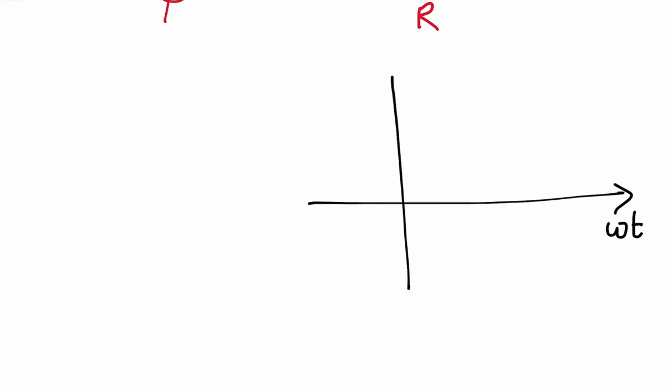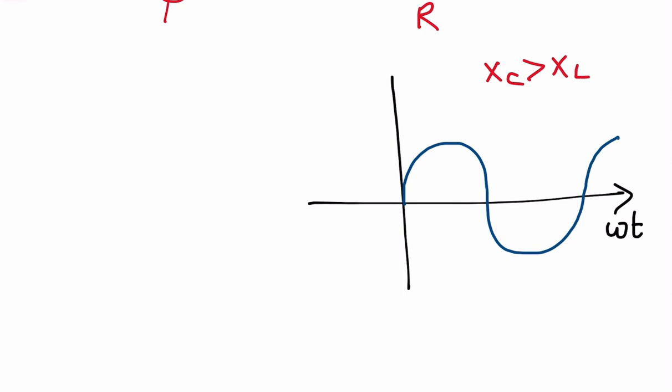So on the x-axis we always take omega t, and already I told you the voltage will not change, it will be in the same place all the time. But the current, if it is a capacitive circuit, let us assume, this is only our assumption, if XC is greater than XL, it is a capacitive dominant circuit. In that case, the current will be leading by an angle of phi.